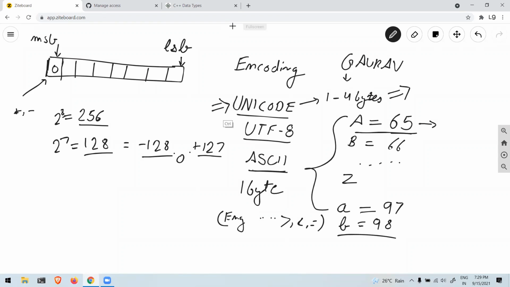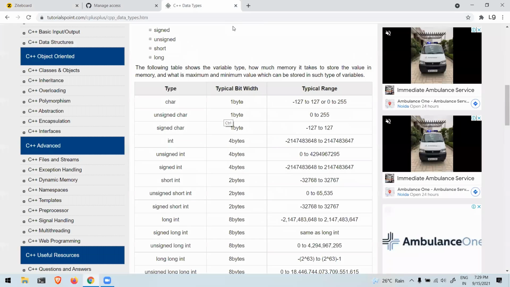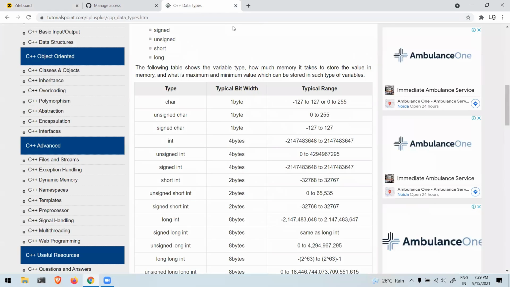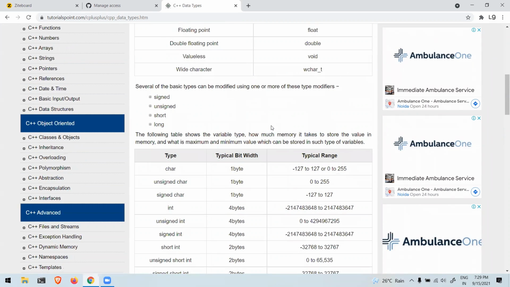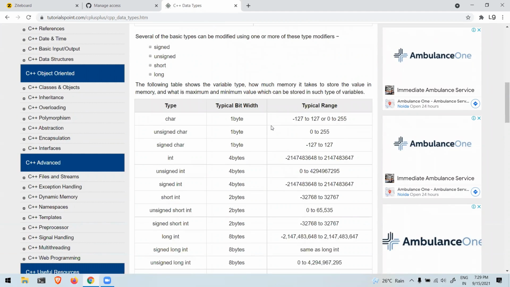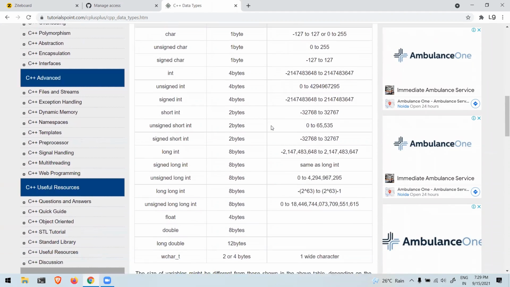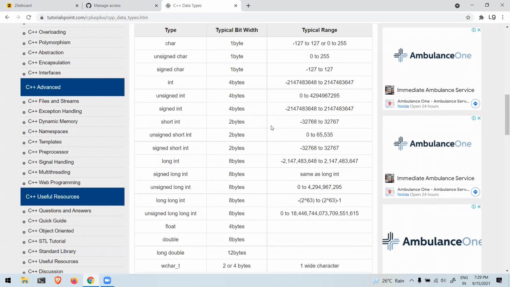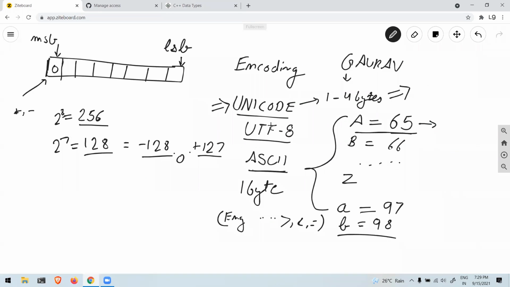In languages like C and C++, as in the example I had shown you about data types, they used to use a character or ASCII kind of encoding by default, so you had to worry about it. But in Python, you don't have to worry about all that. It will automatically deal with Unicode.